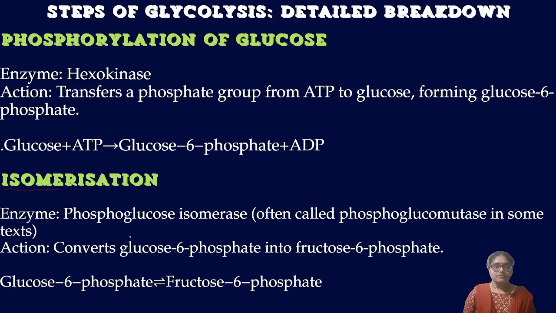Here glucose 6-phosphate isomerizes to fructose 6-phosphate. This reaction takes place by the enzyme phosphoglucose isomerase, also called phosphoglucomutase in some texts.